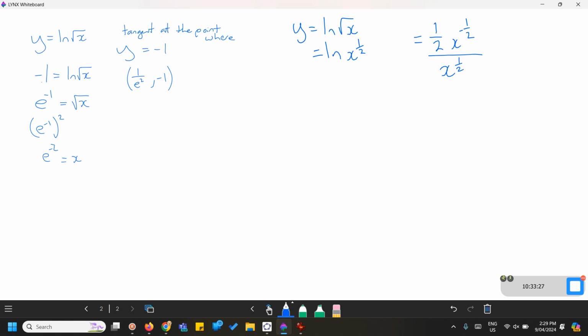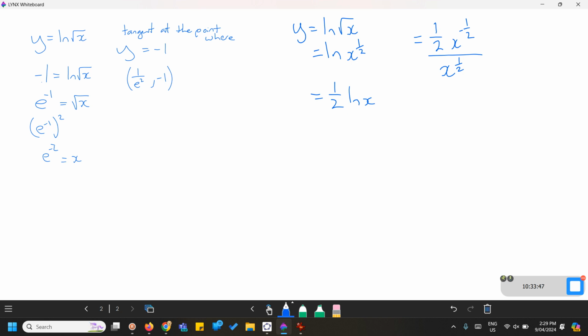But I think this is a good opportunity to use one of our logarithm laws to make it quicker and easier. If I rewrite that as 1/2 ln x, it's going to be quicker and easier to find the derivative.